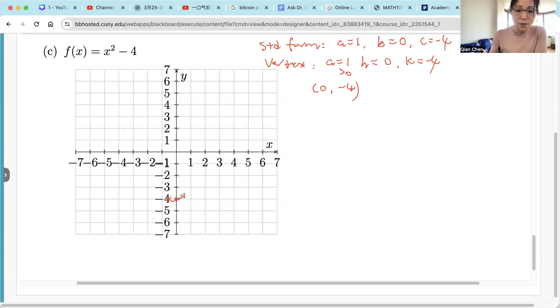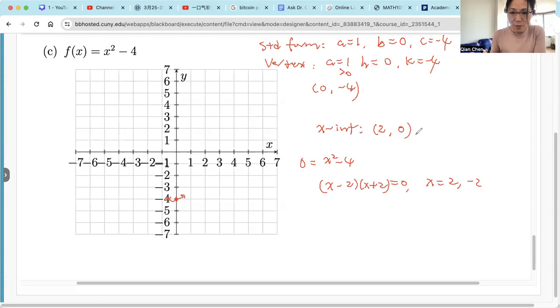Now, if we get an upward parabola, you see this goes across the x-axis. So that means we can find the x-intercept. X-intercept means the y value is 0, means the function value is 0, right? So 0 equals x squared minus 4. So that is a difference of two squares. Solve this, we'll get positive 2, -2. So the x-intercepts will be (2, 0) and (-2, 0).